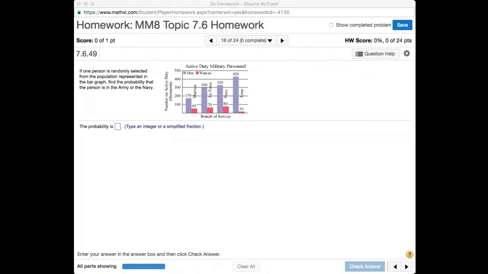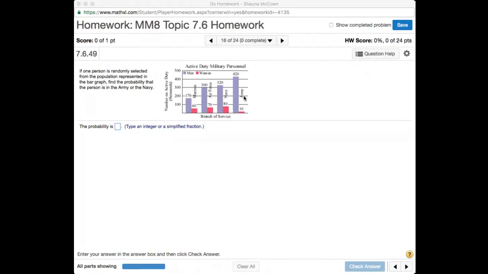So this time, my total count, is it the same graph as last time? I think the numbers look the same. 320, 300, 420, 170, and then the 60, 70, I think those are the same numbers. Okay, so I'm doing Army and Navy this time. So this time I would add the Army, which is going to be 420 and 10. You got to count the men and the women because you want to know the total Army.